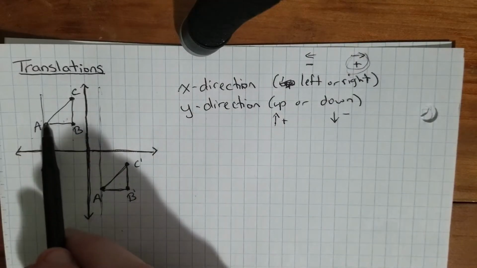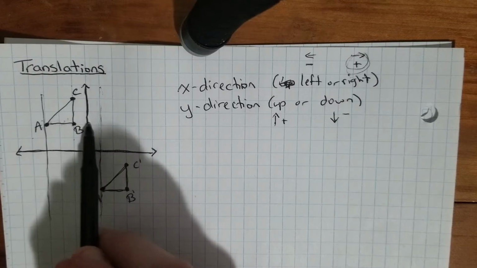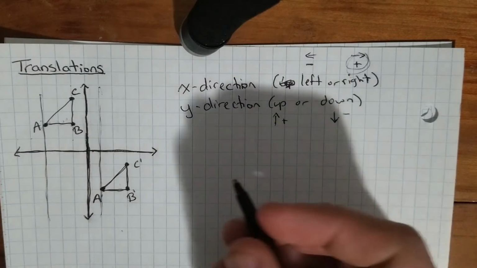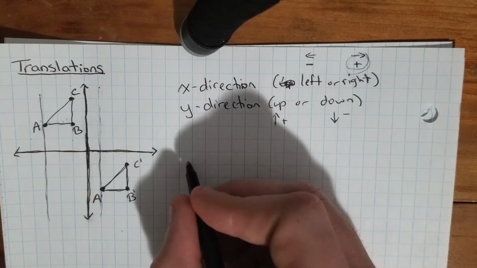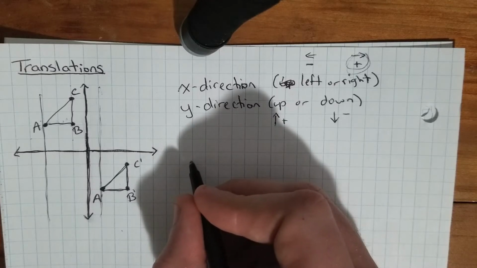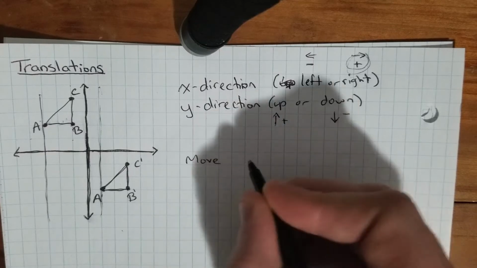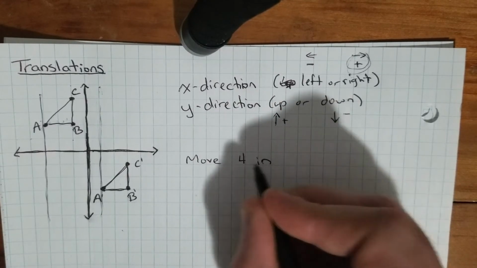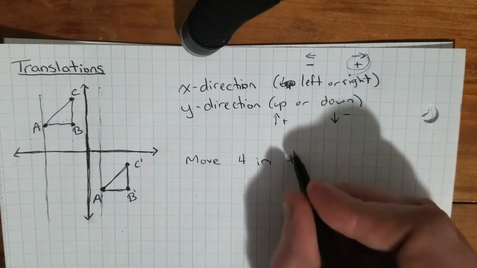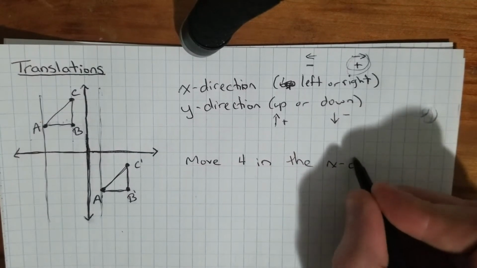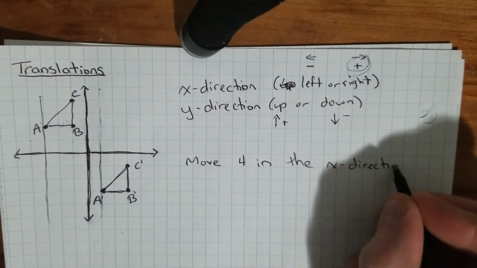And how far over did I have to move? Well, let's see, 1, 2, 3, 4. So we would describe that translation as moving 4 in the x direction. Notice how that's a positive 4 in the x direction.